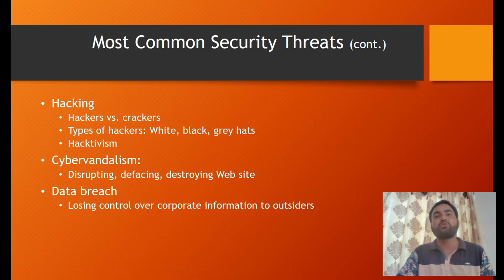The hacking is done to solve various criminal investigations and such. These are the white hat hackers. Black hat hackers are intentionally malicious hackers who do hacking for their own benefit, for their own personalized interests.